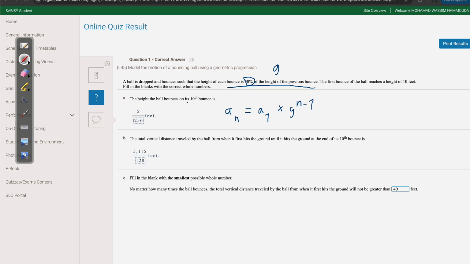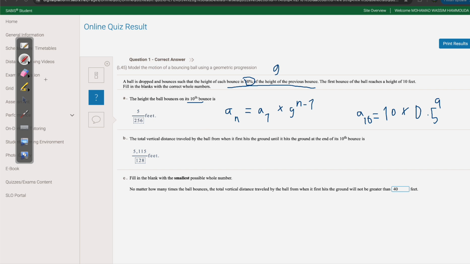Here in this case they want 10, so a10 is 10 times 0.5 to the power of 9, which will give us 5 over 256.